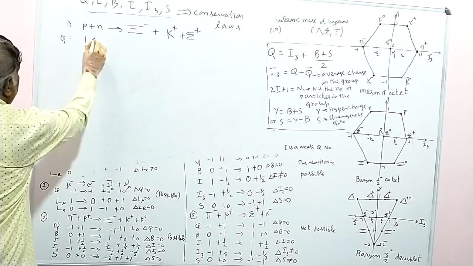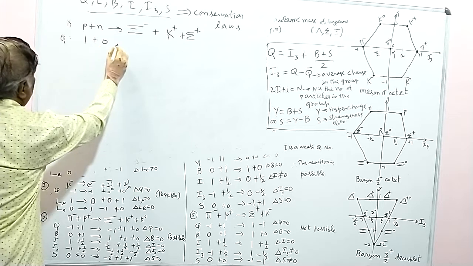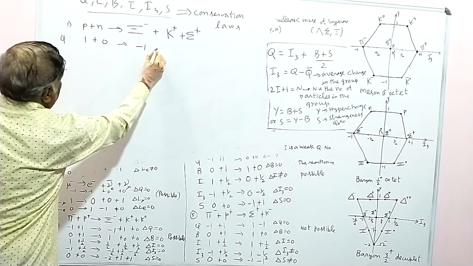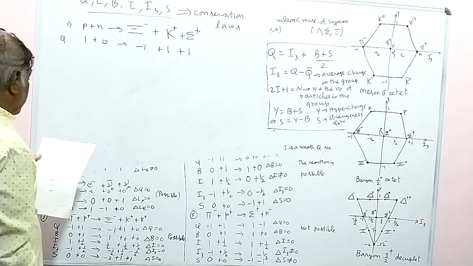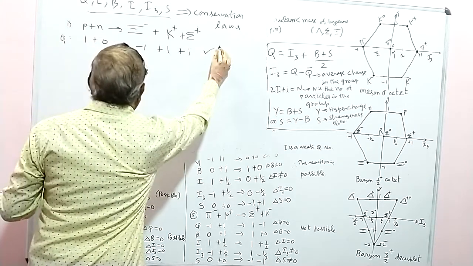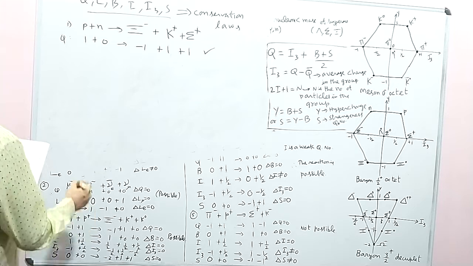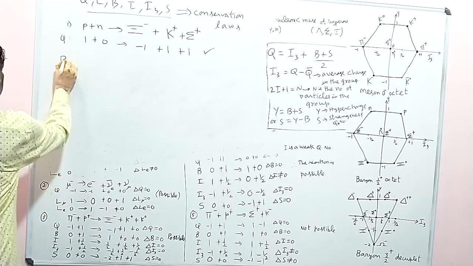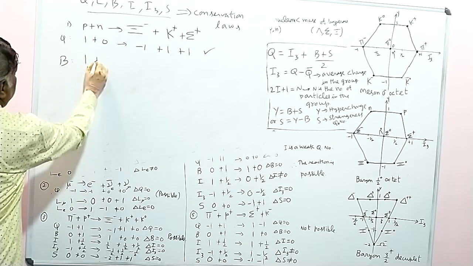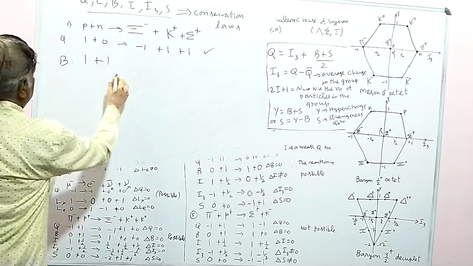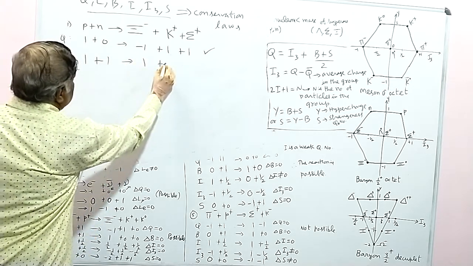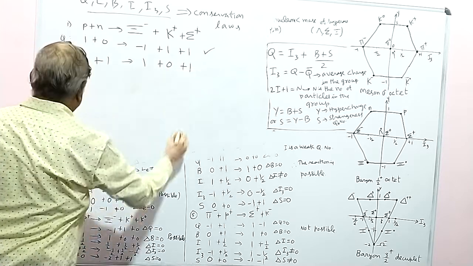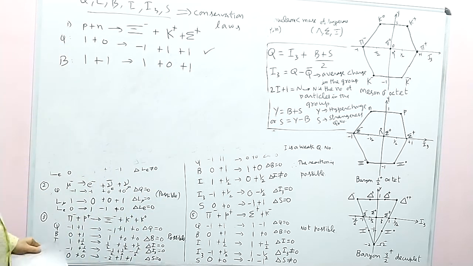This is plus 1, this is 0; here the charge is minus 1, plus 1, plus 1. So the charge is conserved. If we take baryon number, this is a baryon, this is a baryon, baryon number 1, 1, and this is equal to the baryon number on the other side. Since this is a meson, this is a baryon, the baryon number is also conserved.